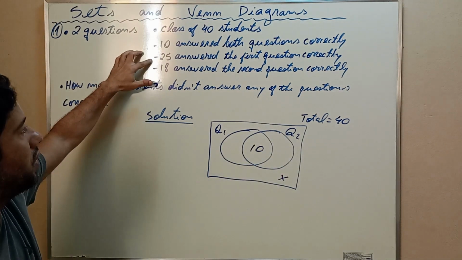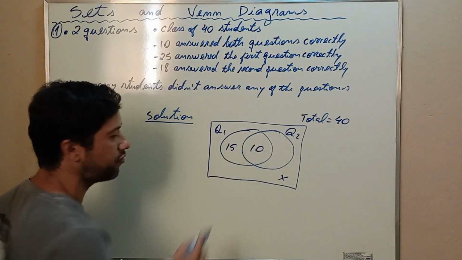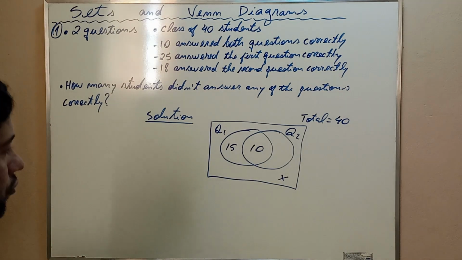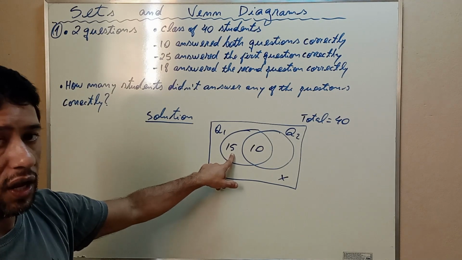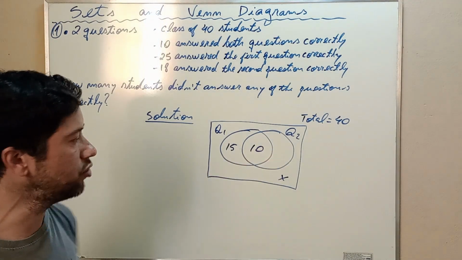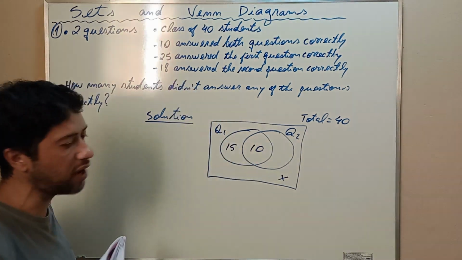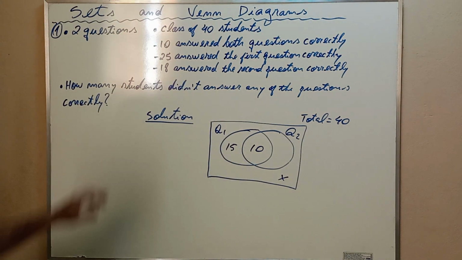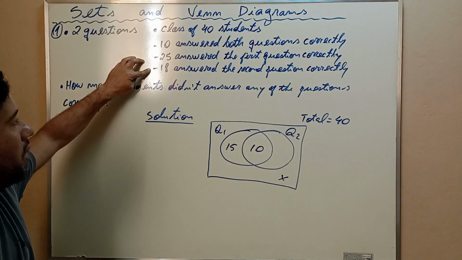But to complete 25, we need 15, and these 15 represent the number of students that answered only question 1 correctly and not question 2, okay? And 15 plus 10 is 25.